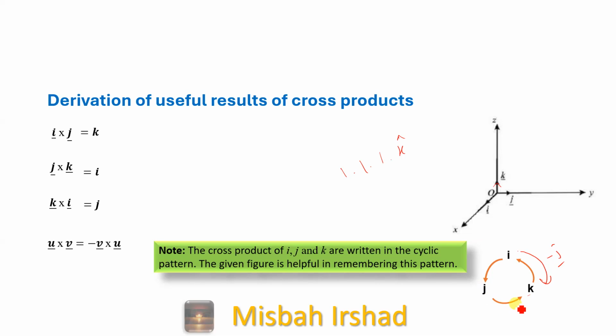So this direction is positive. i, j, k. This is the cycle. i cross j, j cross k, k cross i. These cross products have positive signs, and if we change the direction, then we get a negative sign. That is, j cross i is negative k, k cross j is negative i, and i cross k is negative j.